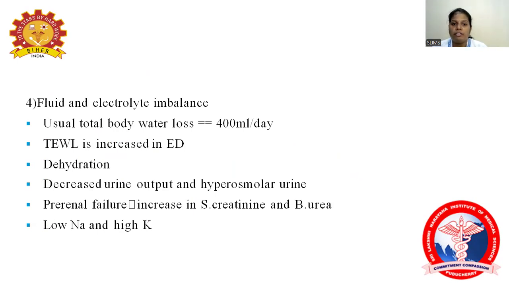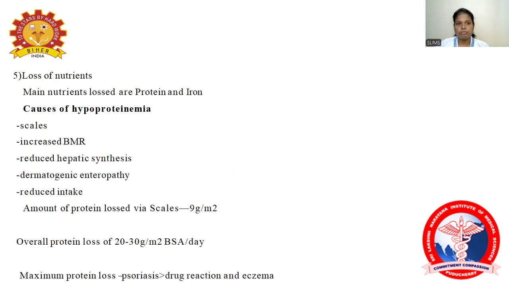Usually, total body water loss is around 400 ml per day. Transepidermal water loss is increased in erythroderma, which results in dehydration, decreased urine output, hyperosmolar urine, pre-renal failure, increased serum creatinine and blood urea, and low sodium and high potassium.